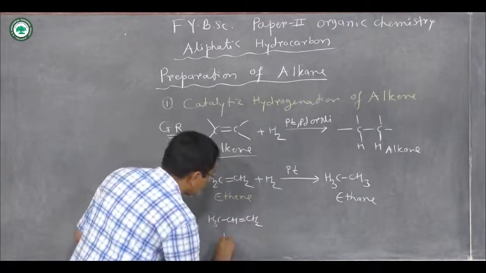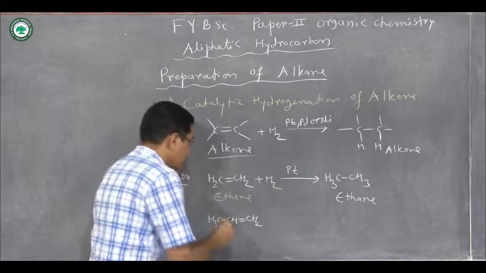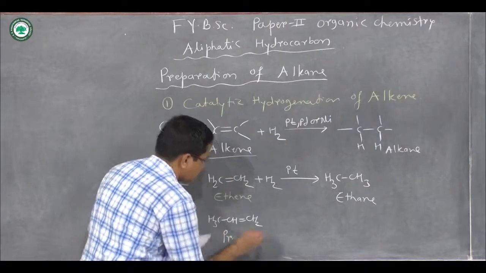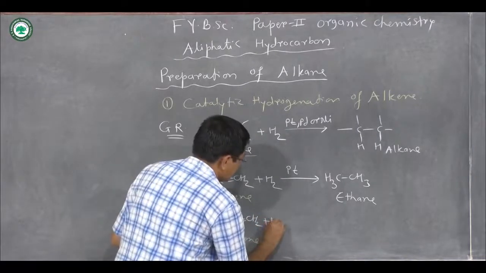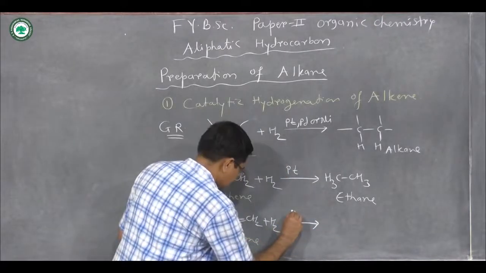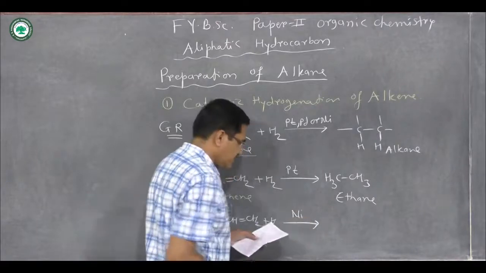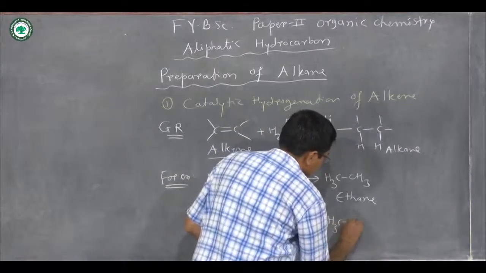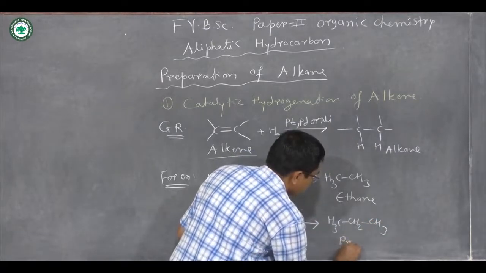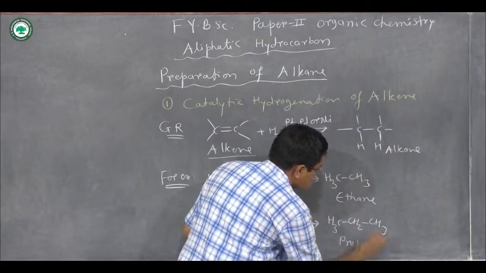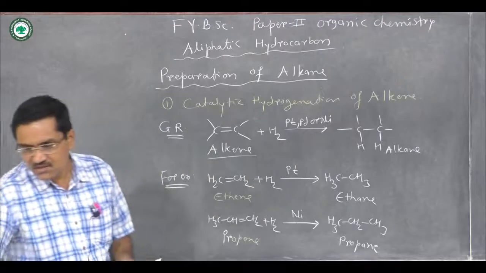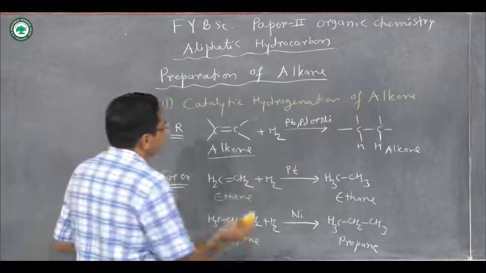When propene is treated with hydrogen gas in presence of nickel, it gives propane. This is the first method for the preparation of alkane.